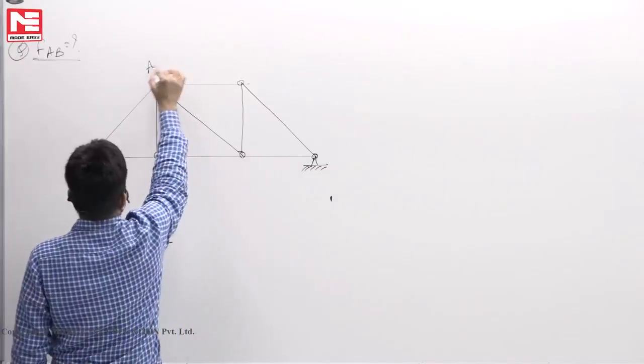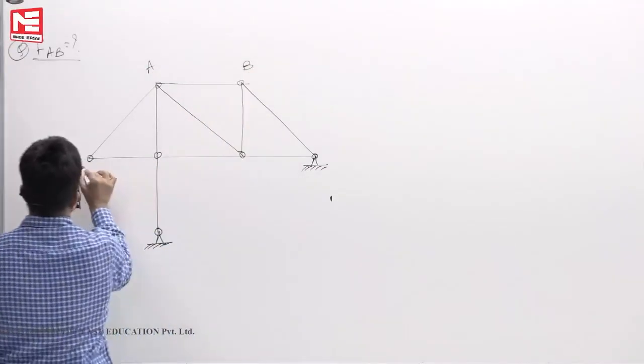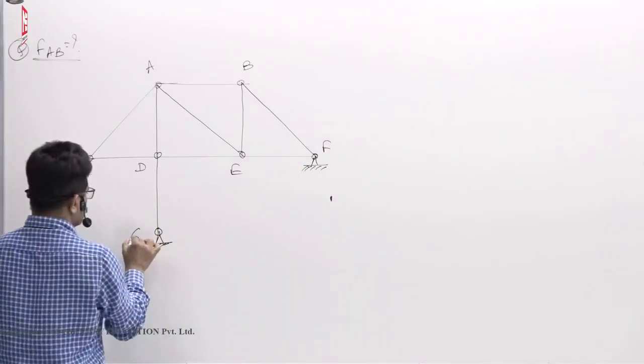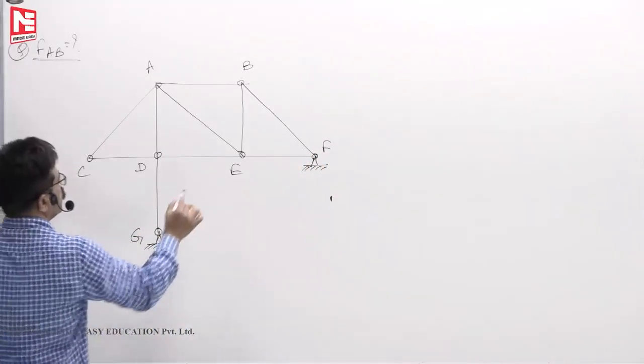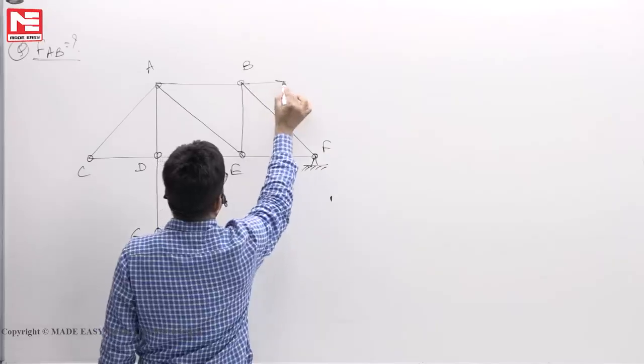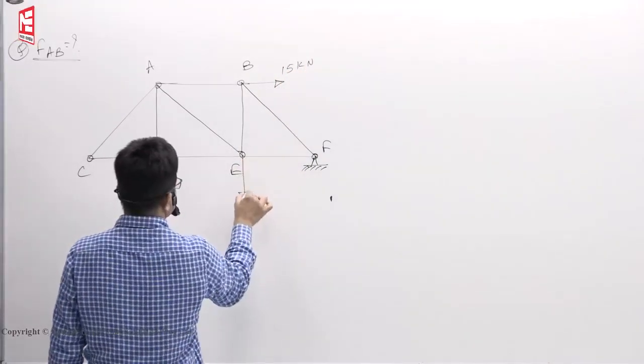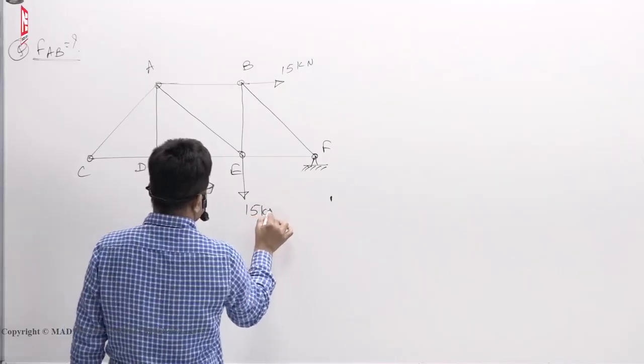These points, let us say A, B, C, D, E, F, G. Now there is a load of 15 kilonewton.